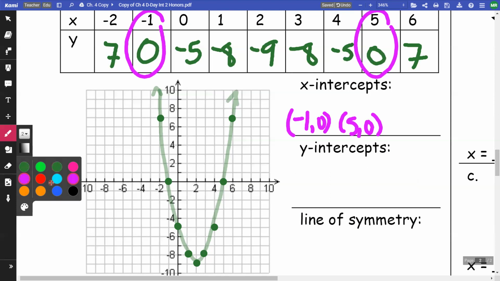And I have a y-intercept, maybe I'll do it in orange, of (0, -5). So that's my y-intercept.